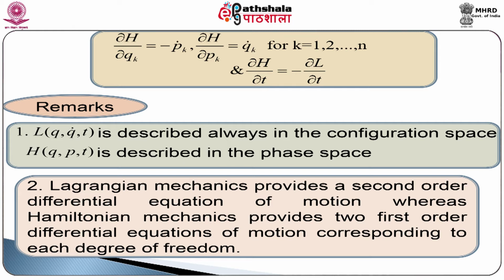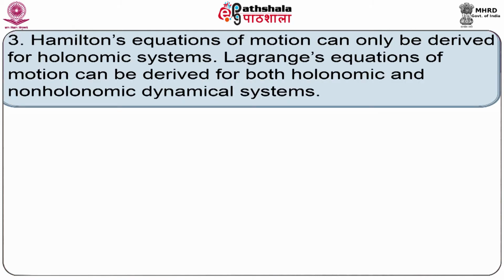Next, Lagrangian mechanics provides a second order differential equation of motion corresponding to each degree of freedom of the system, whereas Hamiltonian mechanics provides us two first order differential equations of motion corresponding to each degree of freedom.